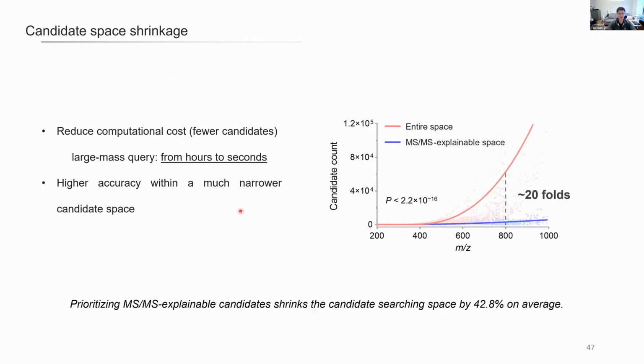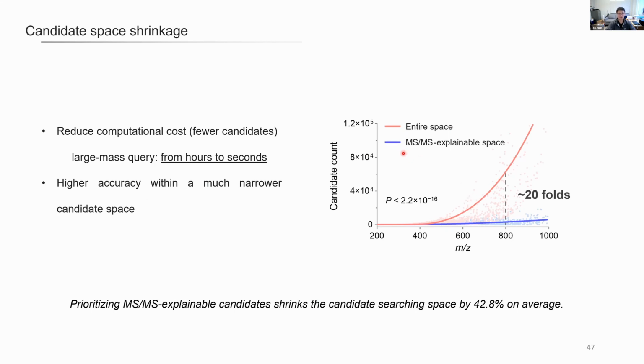I also want to mention why we take this bottom-up approach. Think about the entire chemical space for a certain m/z value. When we directly search the database with a mass tolerance, you get a lot of possible candidate hits, especially if the mass tolerance is large.